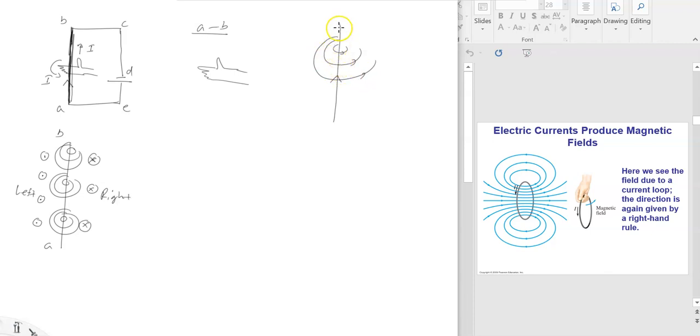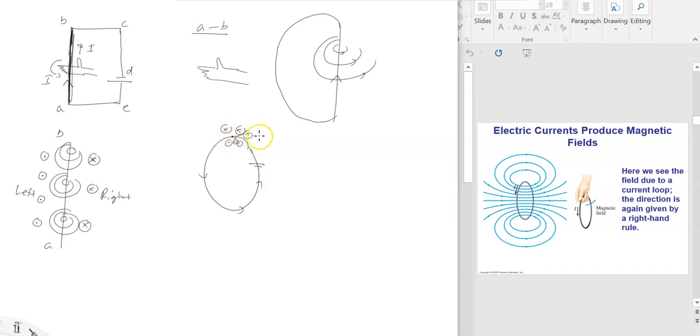Now what we're going to do is take this wire and bend it into a circle. So imagine a circular piece of wire with a battery connected. There's going to be a constant current going in a loop. Consider every point: you place the right hand here, and the right hand rule tells you that the magnetic field is coming out over here and going in over here.